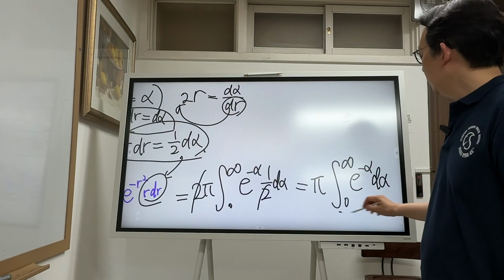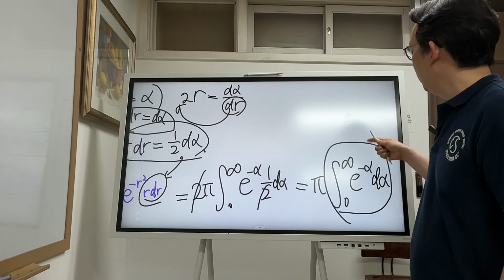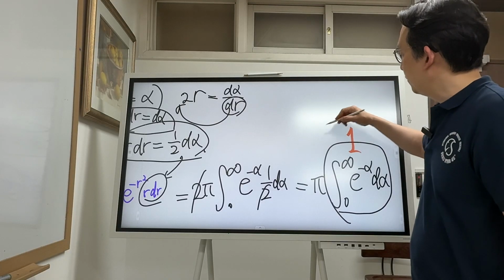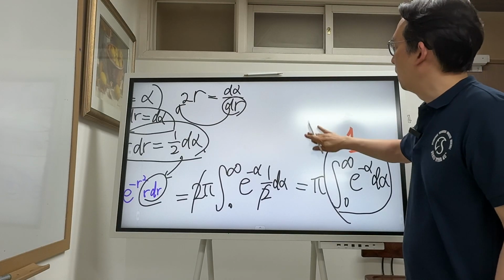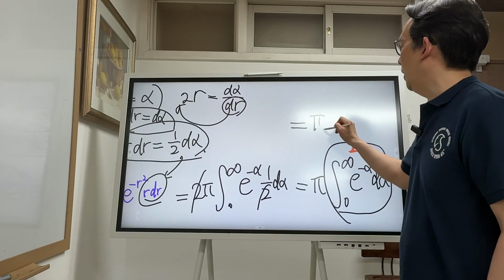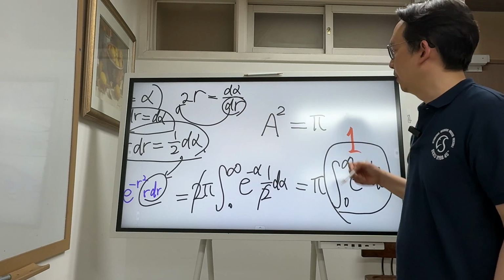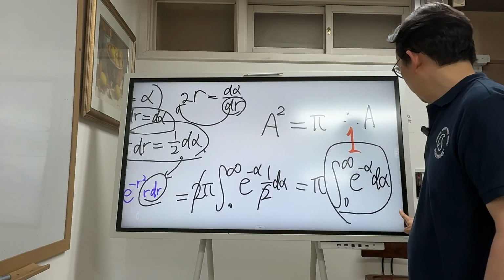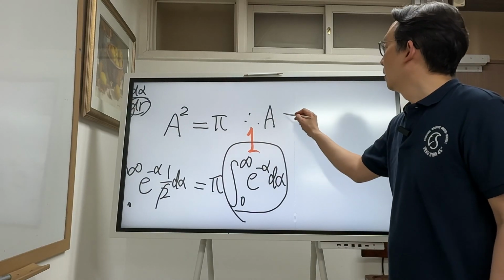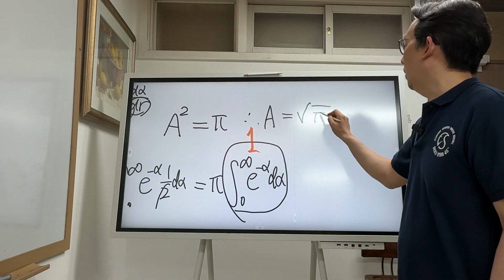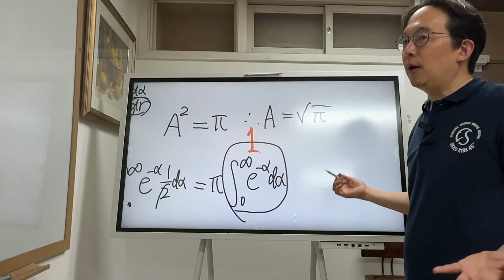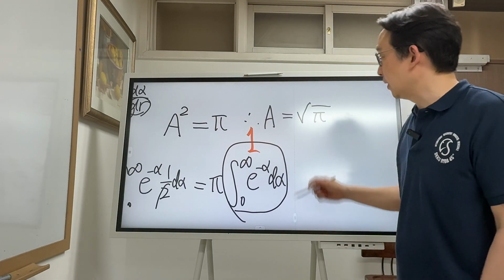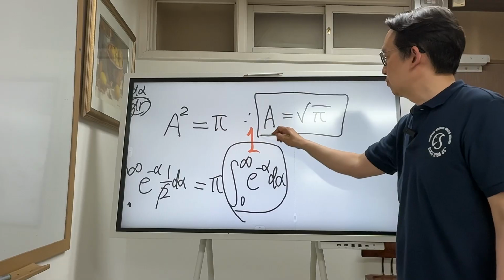By the way, we learned that this should be equal to none other than 1. So that's why it has to be equal to pi a squared. That means a has to be square root of pi. Minus square root of pi is not possible, because you know this is area, so you cannot take a negative value. That's why this holds true.